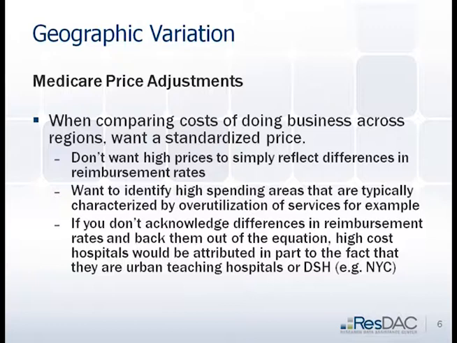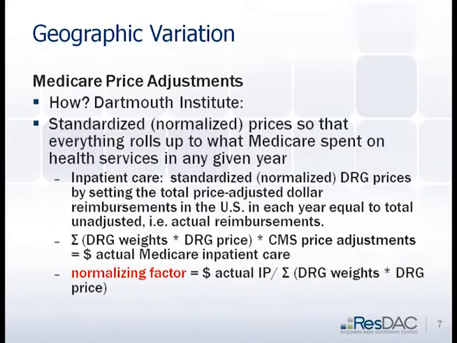You want to identify high spending areas, typically characterized by overutilization, for example. And if you don't acknowledge those differences, you're going to end up identifying high-cost hospitals where the higher costs can be attributed to the fact that they're teaching hospitals or that they are receiving the DISH payments. So our goal is to standardize these prices. And how do you do it?